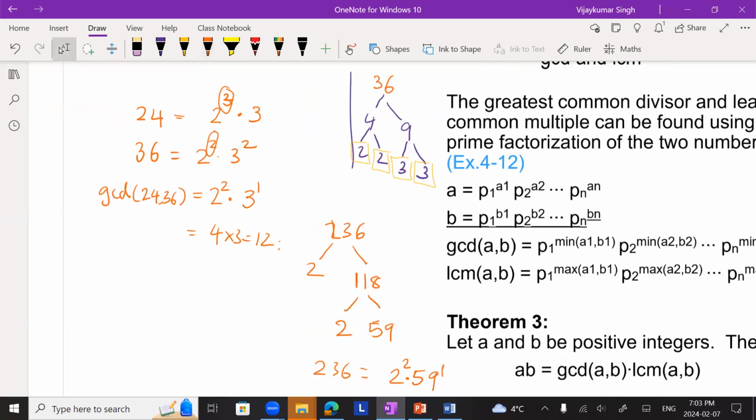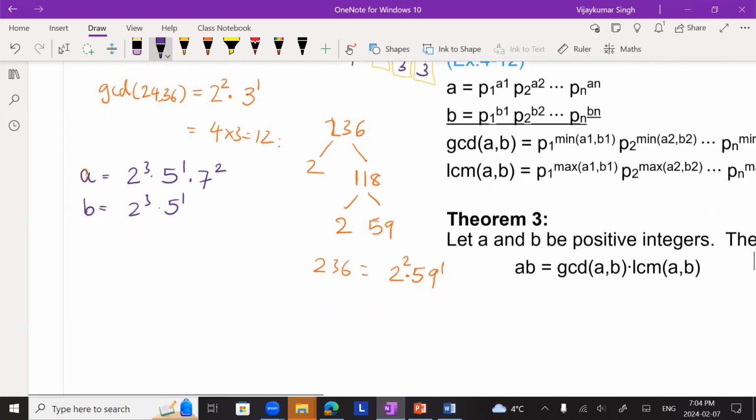So let me give you another example. What is the GCD of, suppose I have two numbers. Suppose A is 2 to the power 3, 5 to the power 1, 7 to the power 2. And I have B, which is say 2 to the power 3, 5 to the power 1.